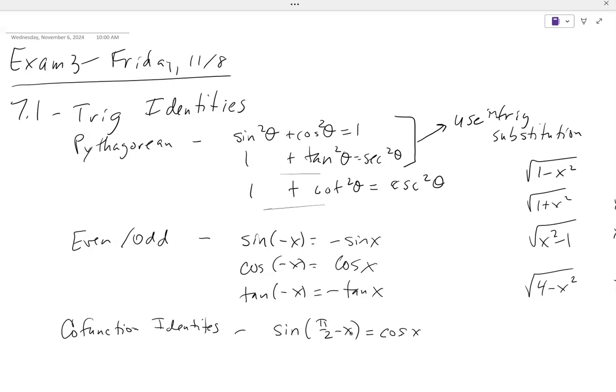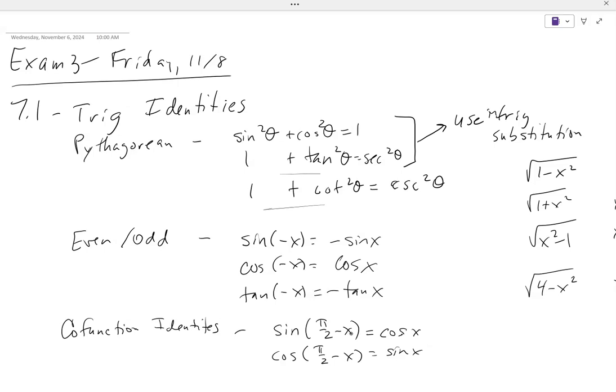And it works vice versa as well. If you have cosine of the complement, and that's just the sine of x. And it works for the other two co-functions as well. Cotangent of the complement is just the tangent and vice versa. Cosecant of the complement is the secant. They come in those co-pairs, co-function pairs. So you have the matches for those as well.